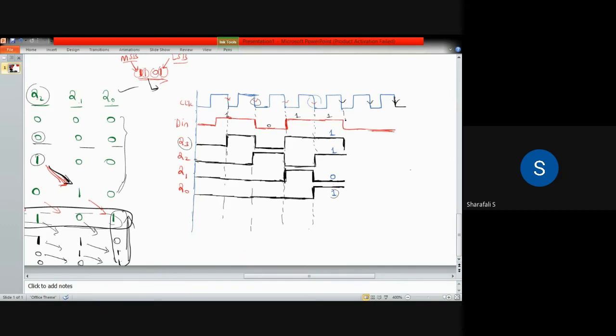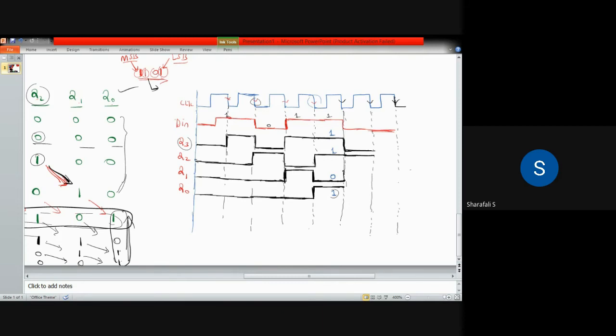I'll just draw this one also. This one will become 0 because there is no input after this fourth bit, and this one remains 1 as such.